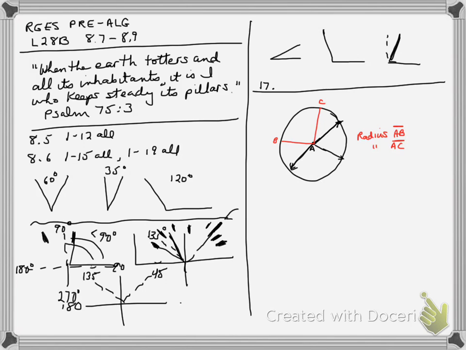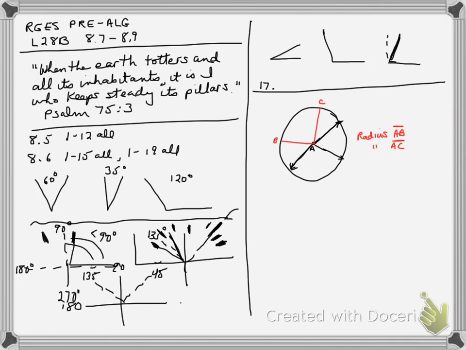All the radii, which is the plural of radius, all the radii are equal in distance. Why? Because by definition, a circle has every line from the center to the outside edge of the circle going to be equidistant.